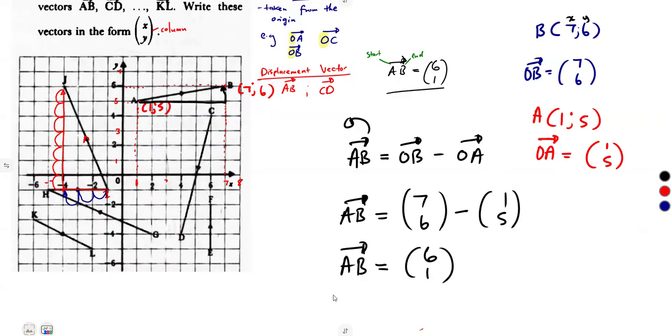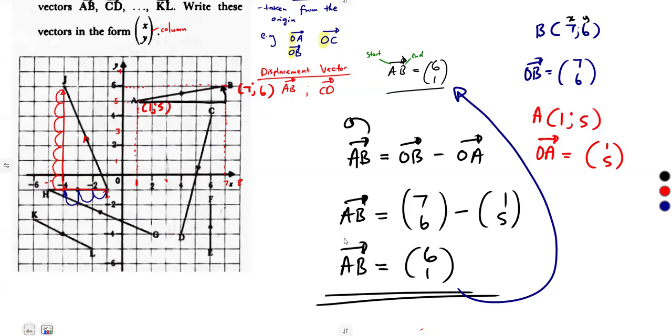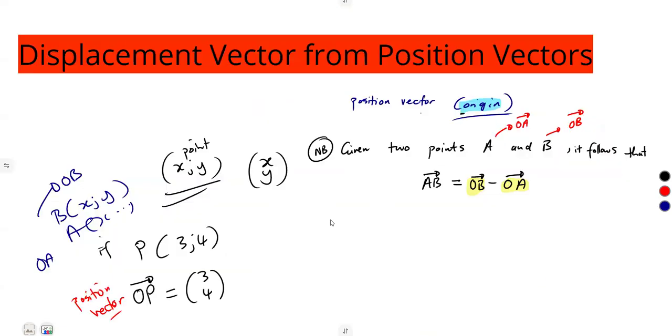So we can see that we are obtaining the same answer as before by movement, but this is done by calculation from position vectors. So we can agree that this calculation is the same.